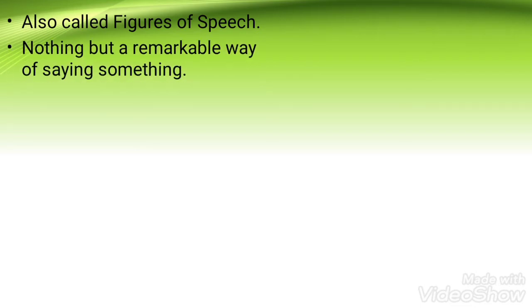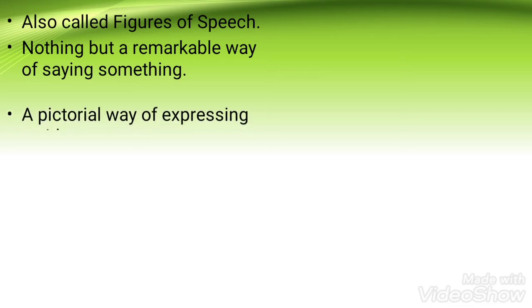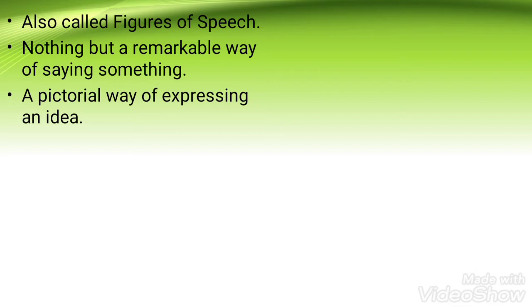Figure of speech is nothing but a remarkable way of saying something, as you can see on this slide also. It is a pictorial way of expressing an idea. That is, these poetic devices or figures of speech are used by poets to express their idea in a novel way, in a new way.